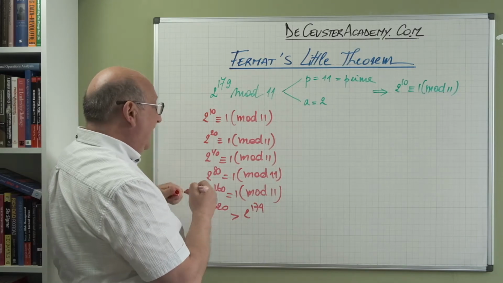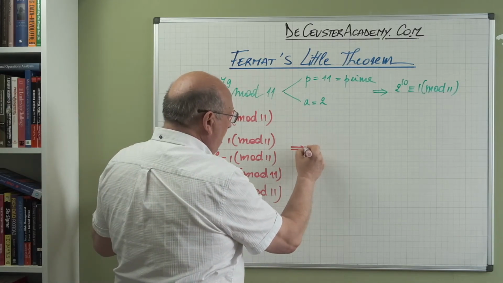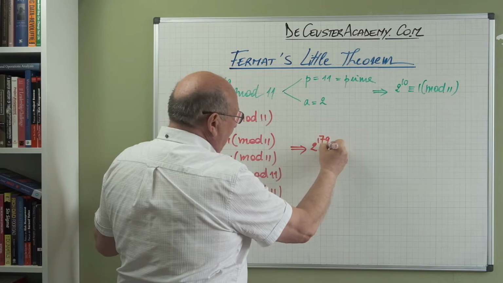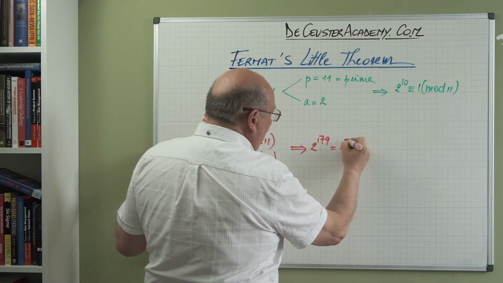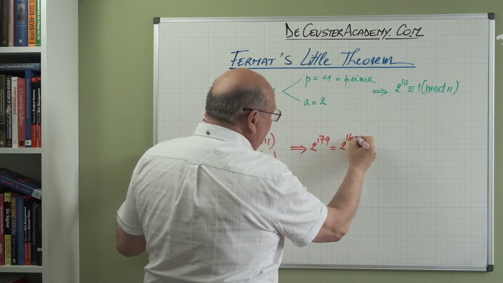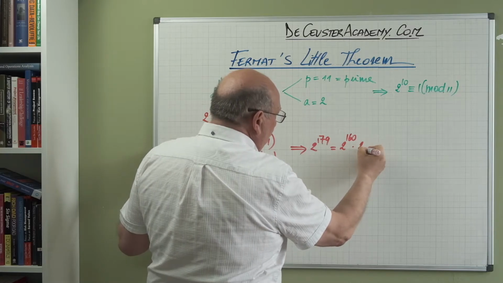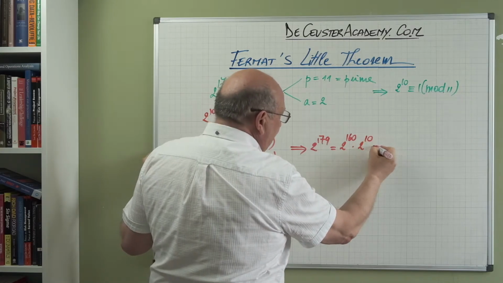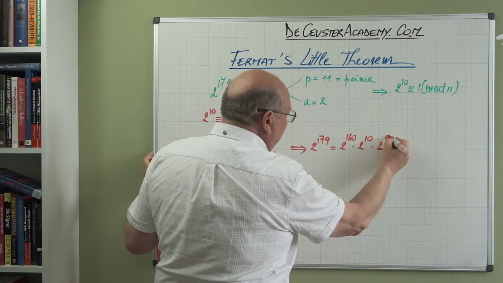Now what we can say now is that 2 to the power 179 is equal to 2 to the power 160 times 2 to the power 10 times 2 to the power 9.